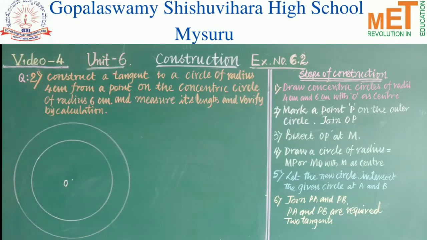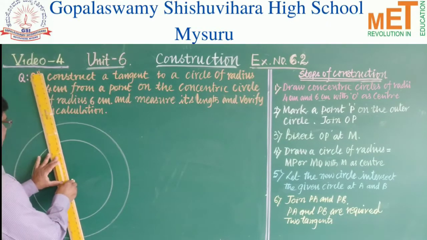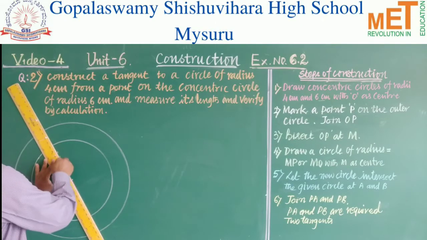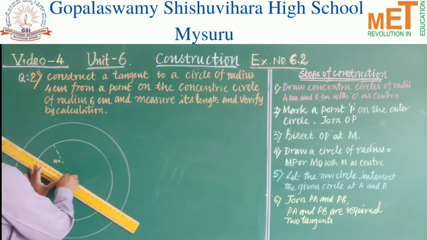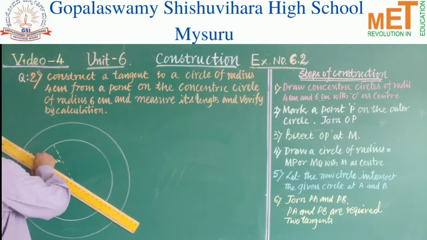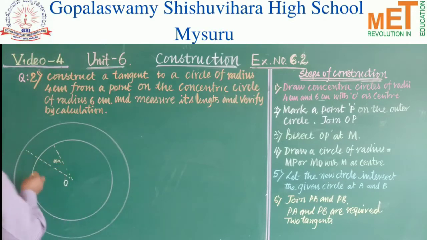Clear children? So here this is the radius of 4 centimeter, and here this is the circle of radius 6 centimeter. Understood, children?